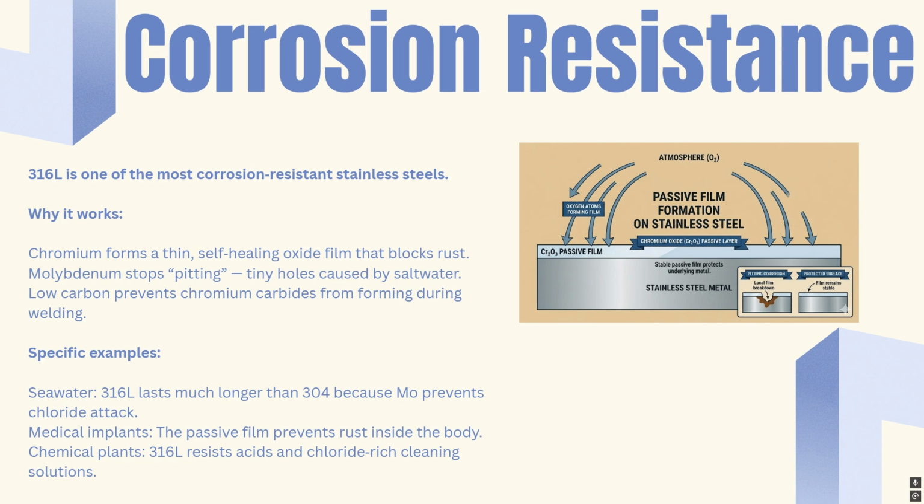This happens especially in places with lots of chloride, like saltwater, beaches, and many chemicals that contain chlorides. This makes it suitable for marine, chemical, and biomedical uses. Stress plus corrosion can cause sudden failure in some steels, but 316L is an exception because it has strong corrosion resistance.